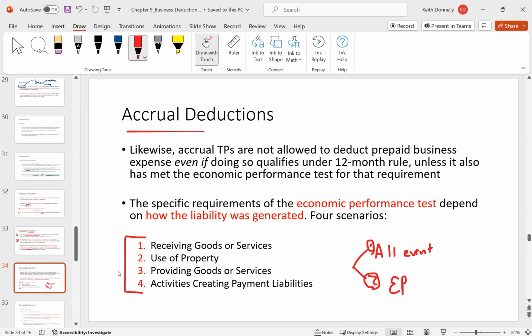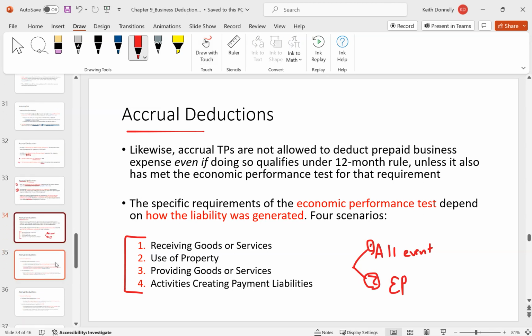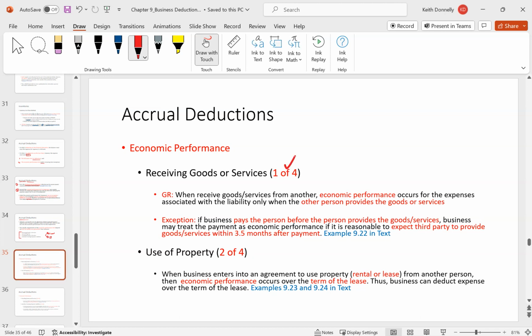Well, it depends on the scenario, and we have four scenarios. The first scenario is receiving goods or services. The general rule is that whenever we receive goods or services from another, economic performance occurs for the expense associated with the liability only when the other person provides the goods or services.